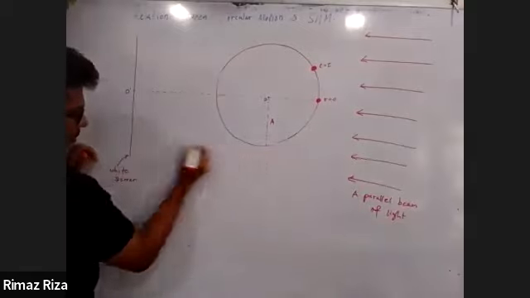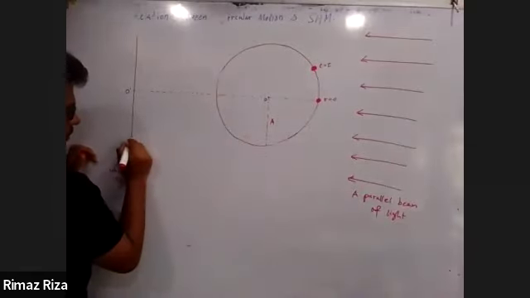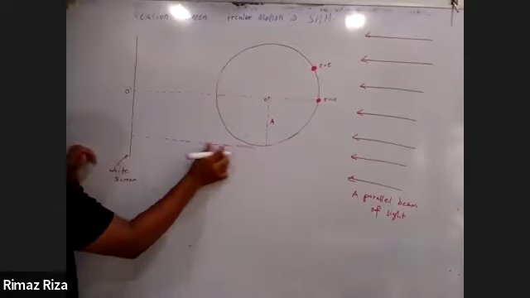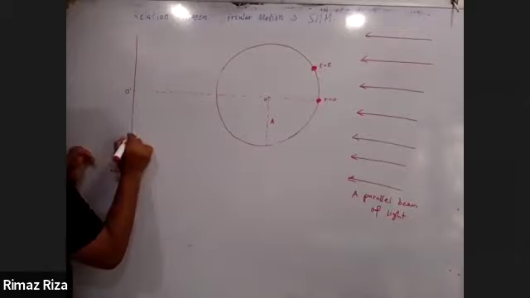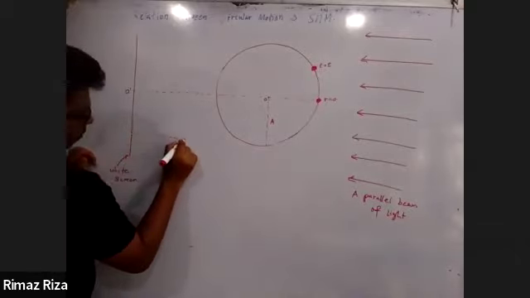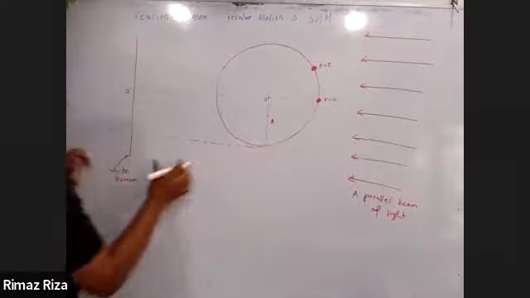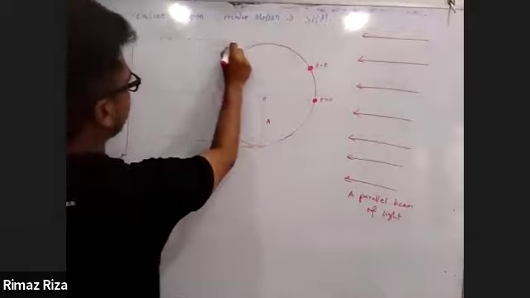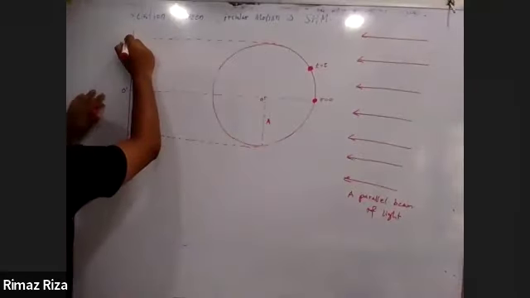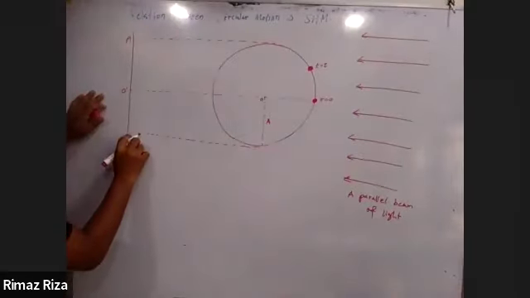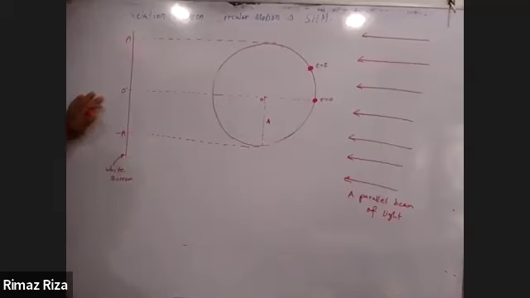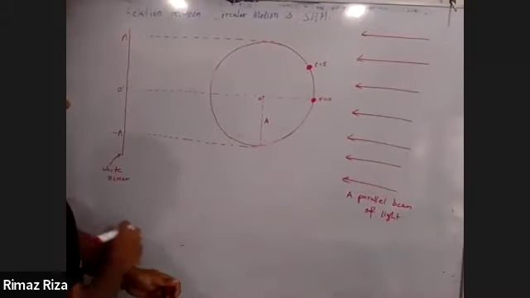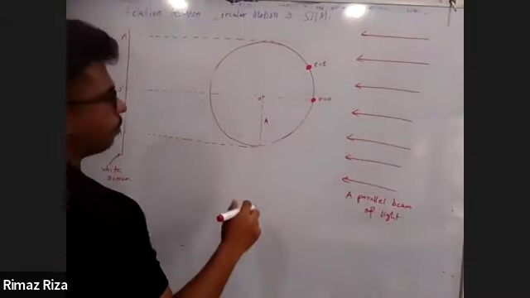So here this will be plus A, and here it will be minus A. Okay.